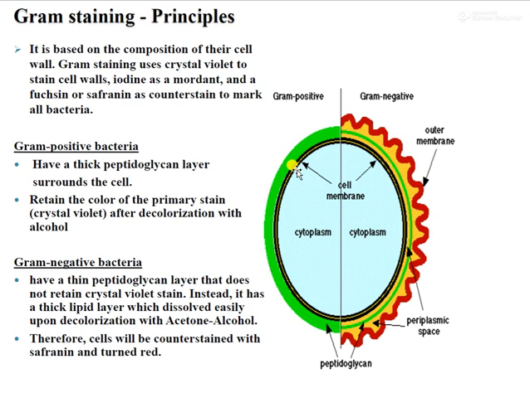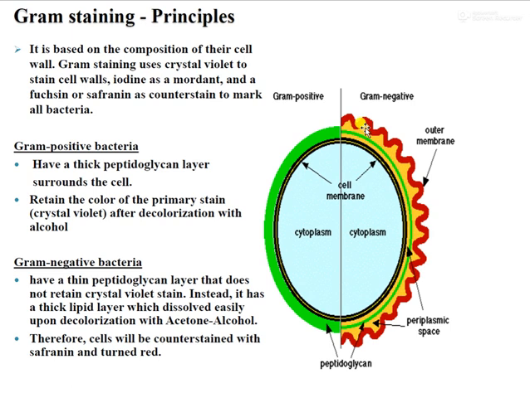When you stain with crystal violet, what happens? The primary stain, crystal violet, is taken up by all groups of bacteria, but some bacteria have a higher amount of peptidoglycan, so a large amount of crystal violet is taken up by it, and even after decolorization by alcohol, they will not lose their crystal violet.